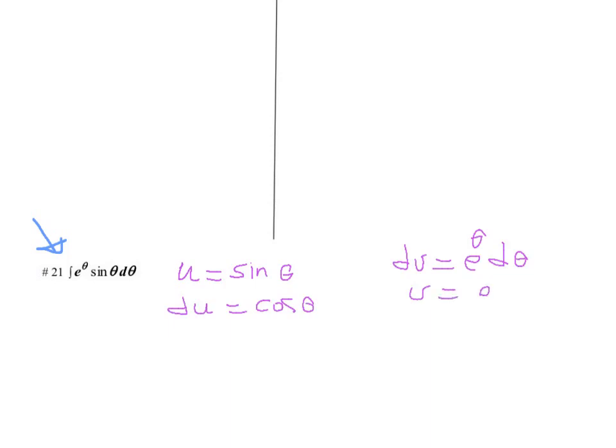And it does not matter what we take for u. We take a sine or we take an e. I will have to do integration by parts twice. Let us see this. Now, du is equal to cosine theta and v is equal to e to the theta.